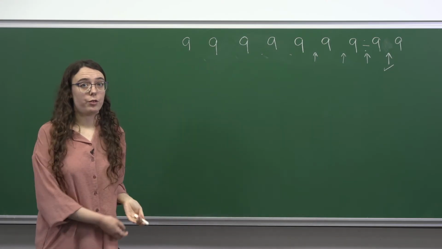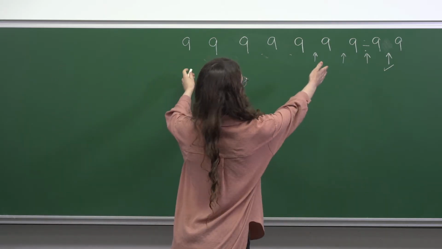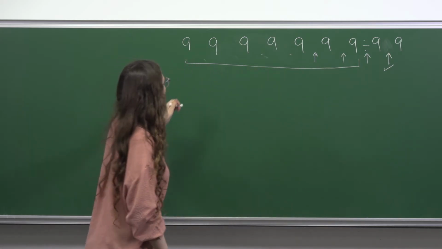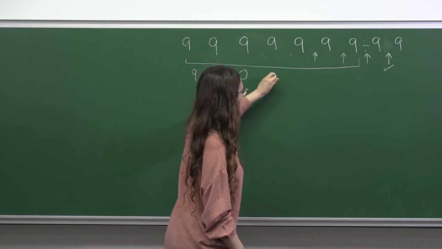What happens if I put the division sign here? Well, this number here consisting of 7-digit nines, we can write that in the following form.